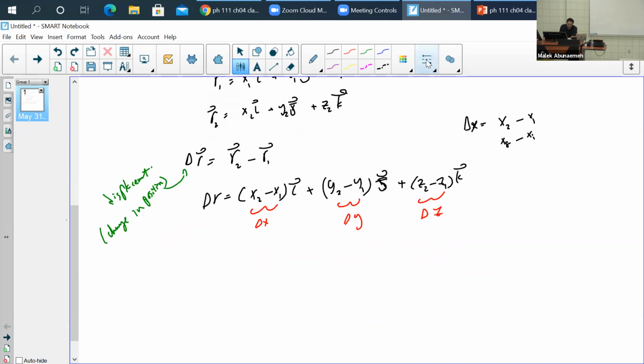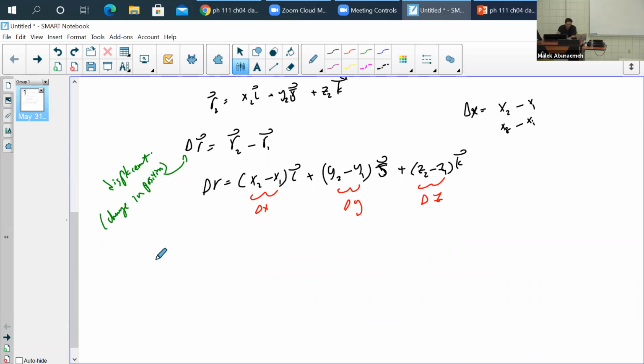So your displacement for the r vector is going to equal your delta x in the i direction plus your delta y in the j direction plus your delta z in the k direction.